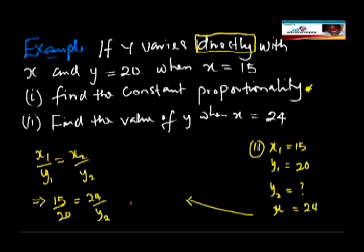I'm looking for y2. Now you have a fraction and an equal sign in between. You can cross multiply very easily, and here you have 15 y2 is equal to 20 times 24.